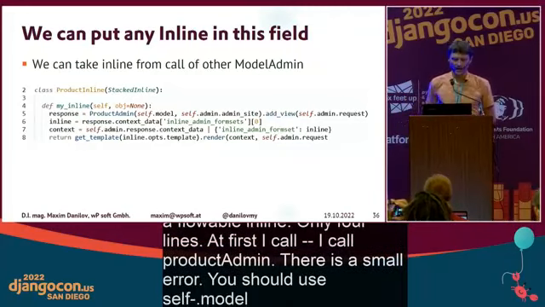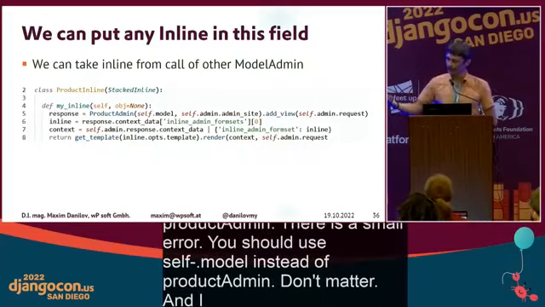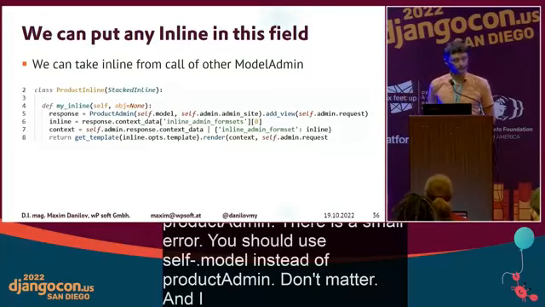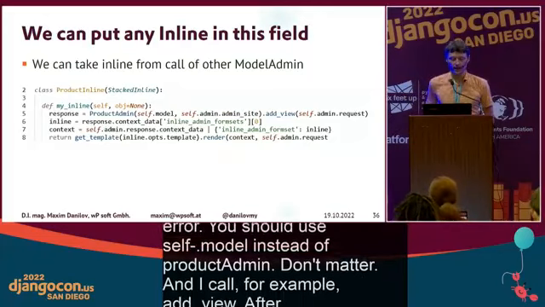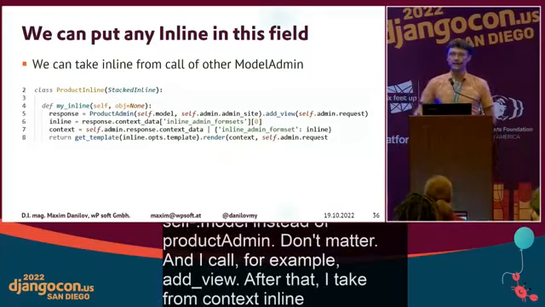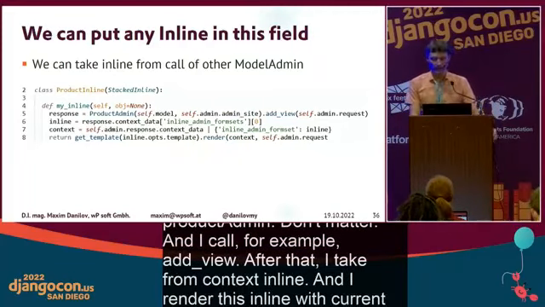It doesn't matter. I call, for example, add view. After that, I take the inline from context, and I render this inline with the current context in the current model admin form.